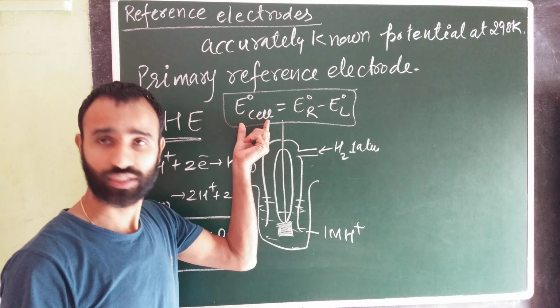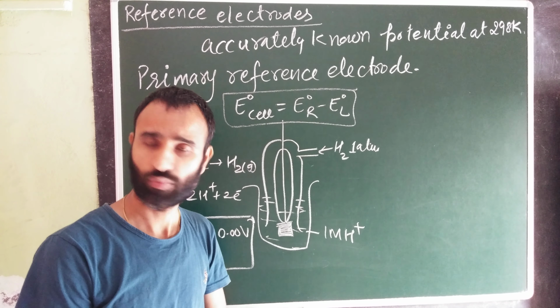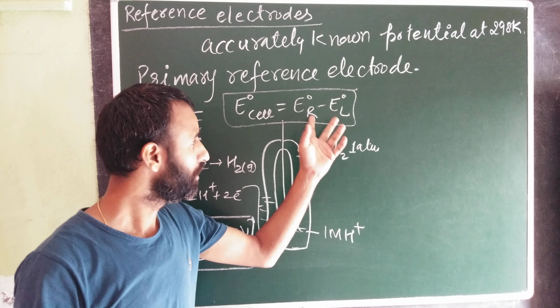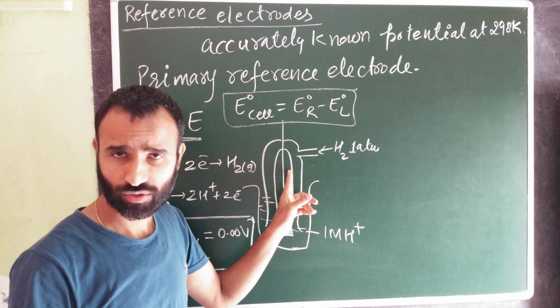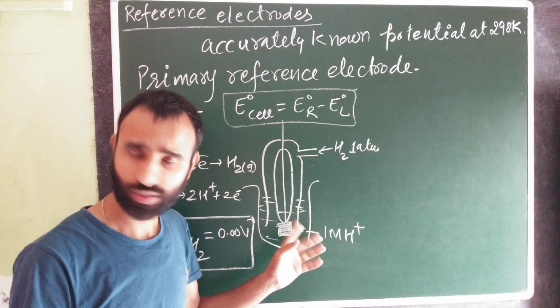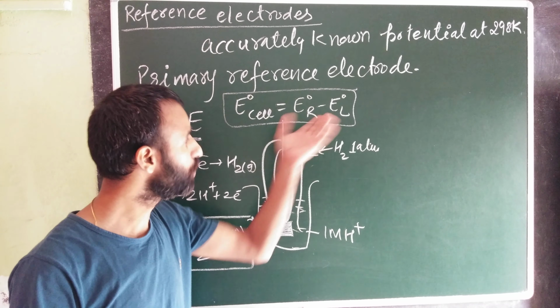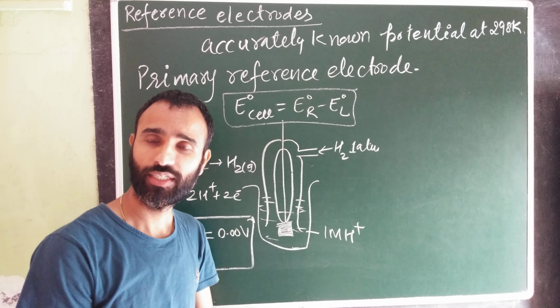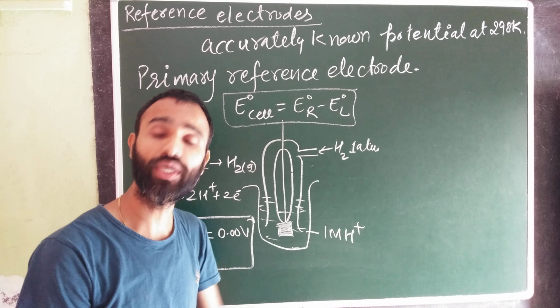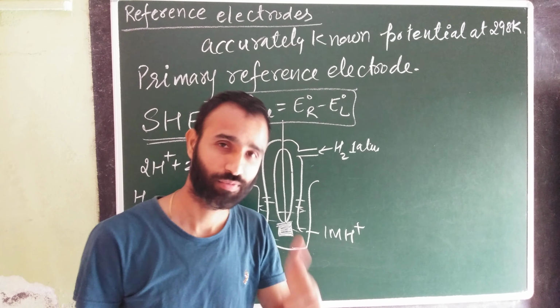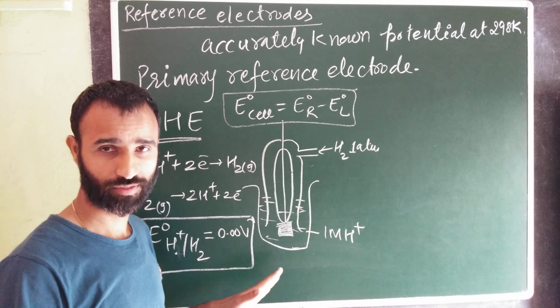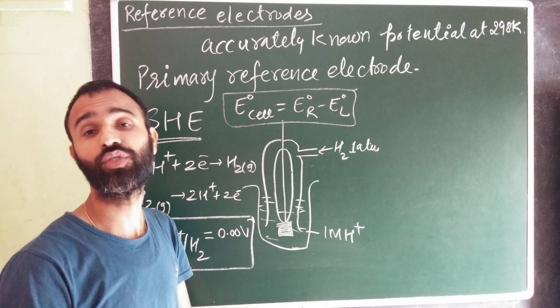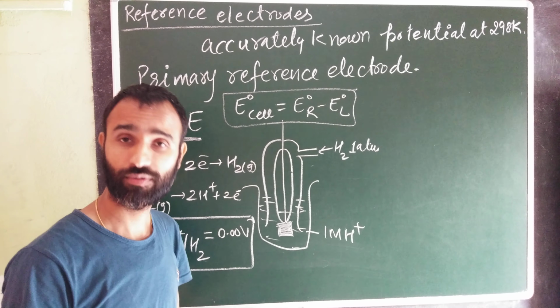E naught cell is calculated experimentally. Either it is E naught right or left, that is known, that is 0. So in this way we can calculate standard electrode potential of the other electrode. Got it?